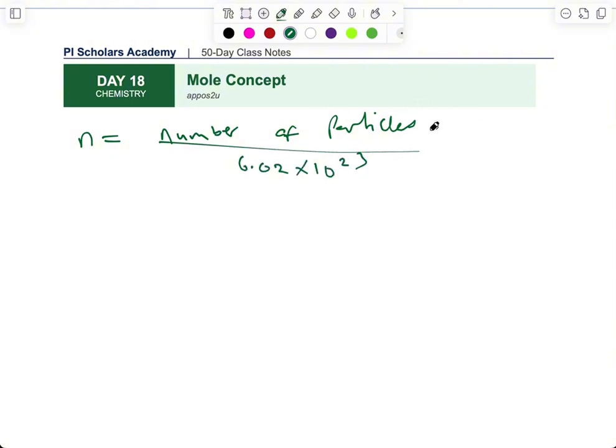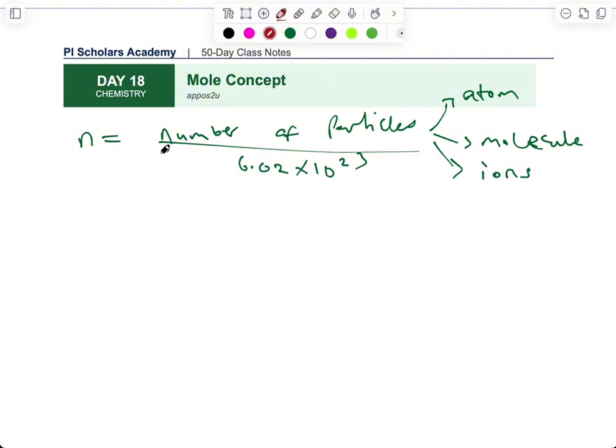And this particle can be the number of atoms, or it can be molecules, and it can also be ions. So now, let me explain this quickly.